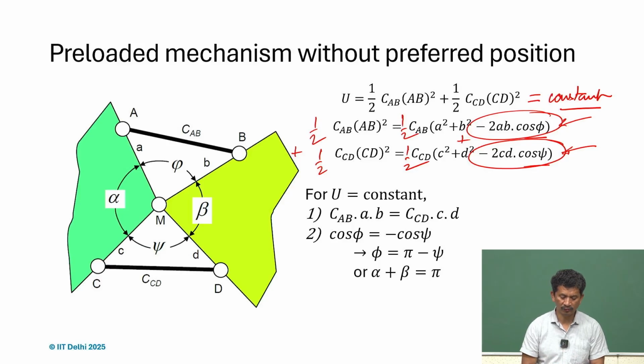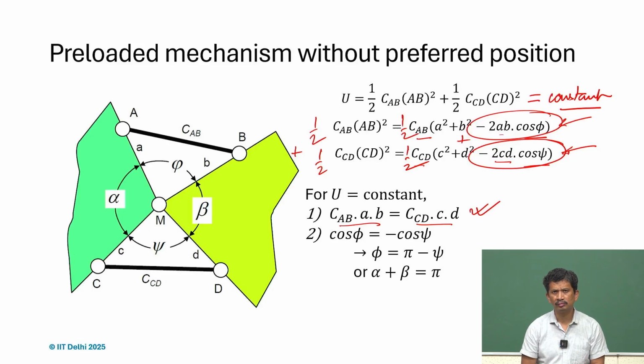And if we do that, what do we find? CAB times A times B and CCD times C times D should be equal. So that's the first condition.